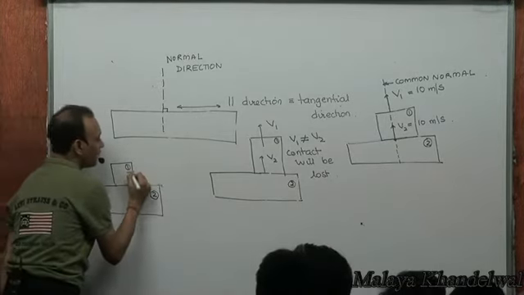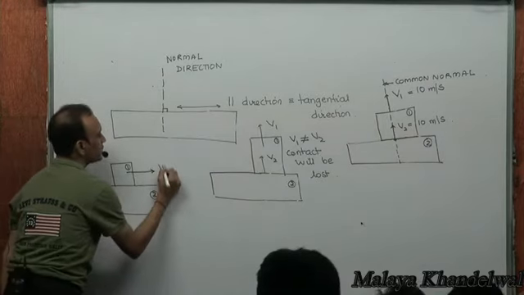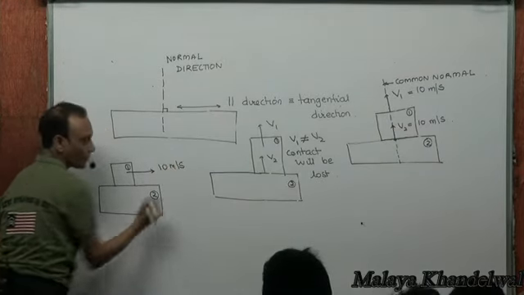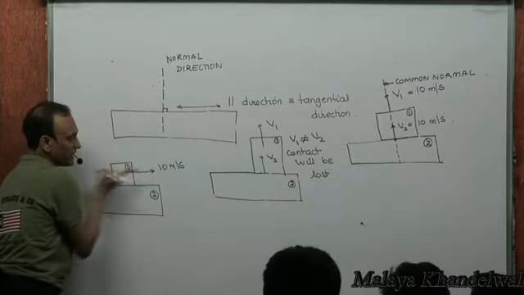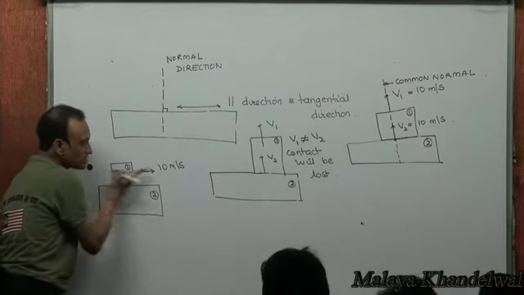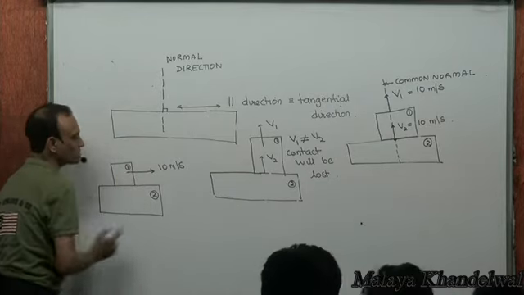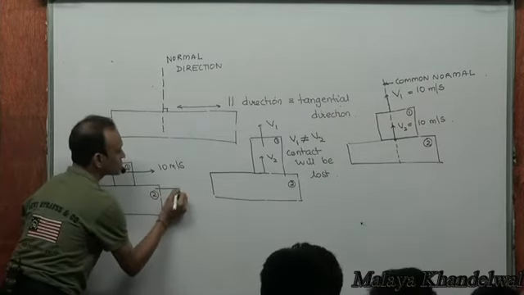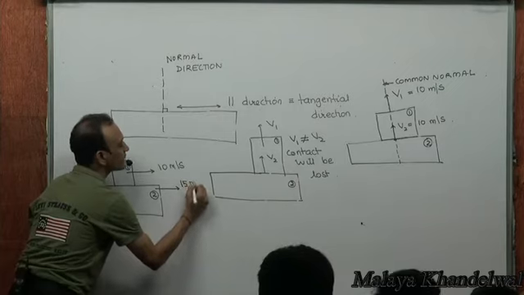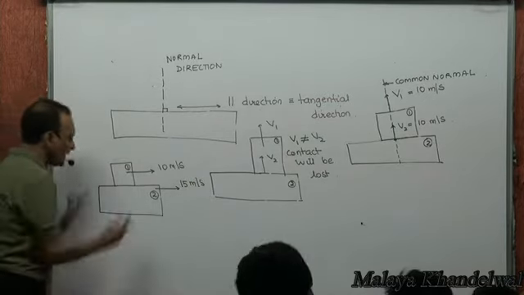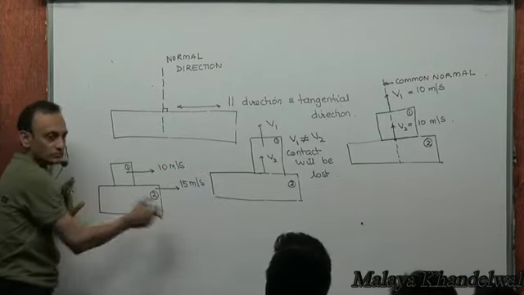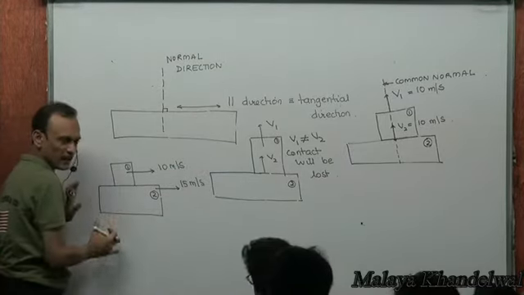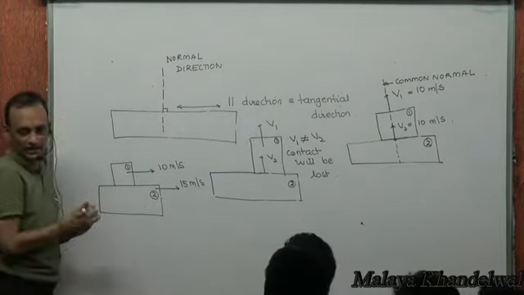If 1 had a velocity 10 meters per second like this, parallel in the tangential direction, parallel to their common surface, and 2 had a velocity 15 meters per second like this. And assuming that this common surface is very large, so that 2 doesn't fall off the edge.